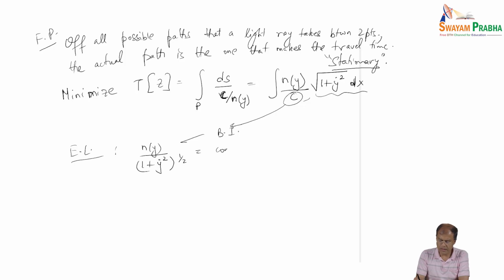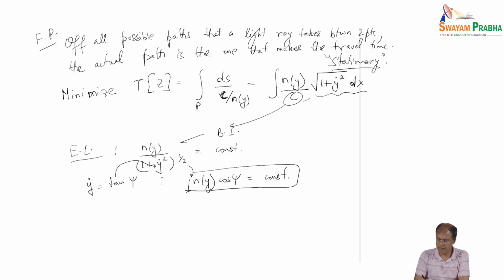This is a constant, and if we substitute y dot equal to tan psi, then we can quickly find that the Euler-Lagrange equation gives us n of y times cos psi is equal to a constant.